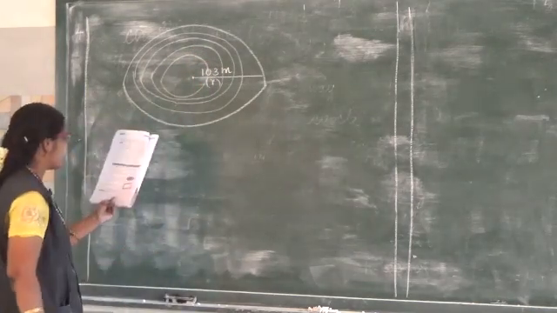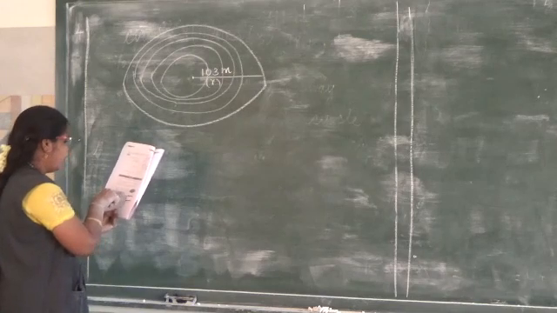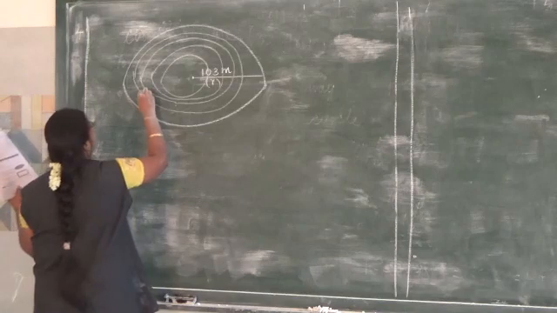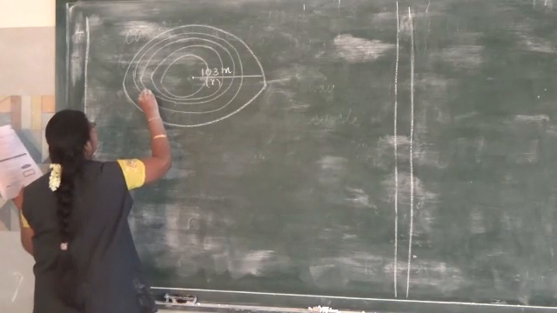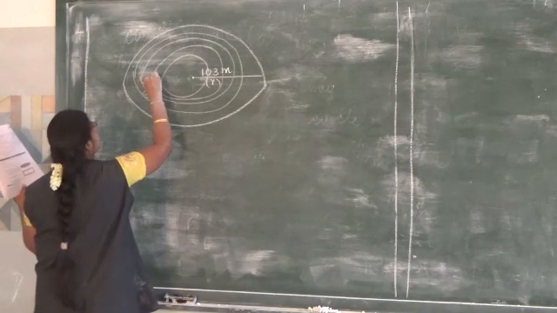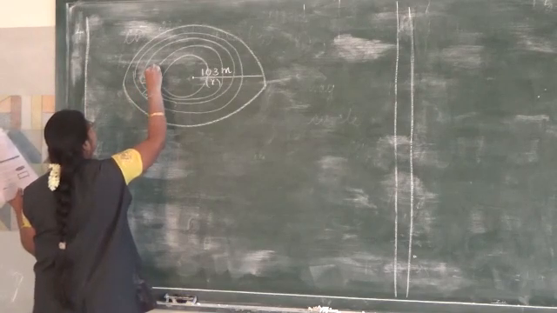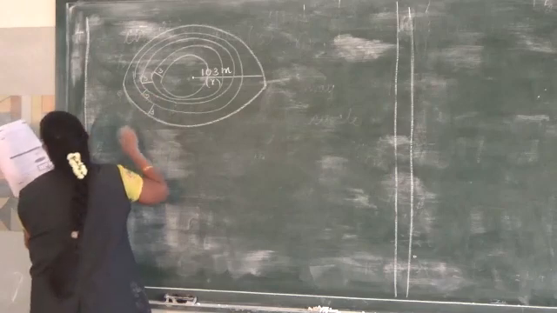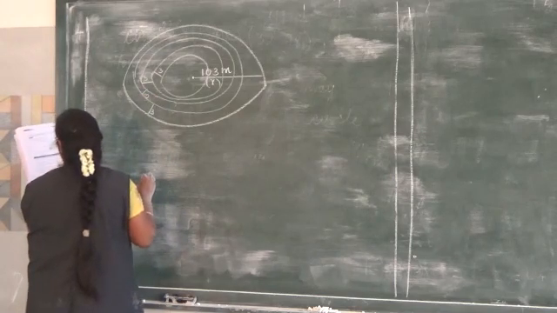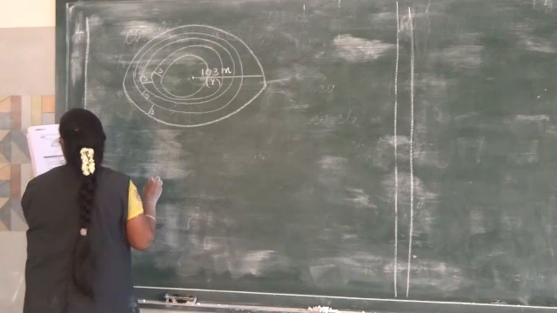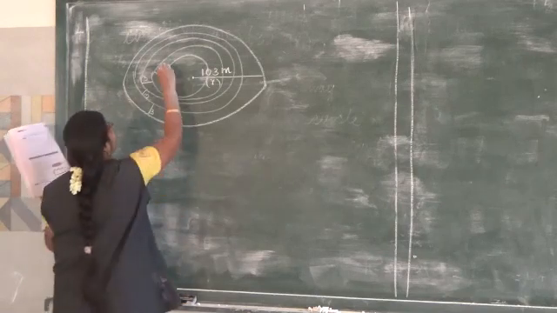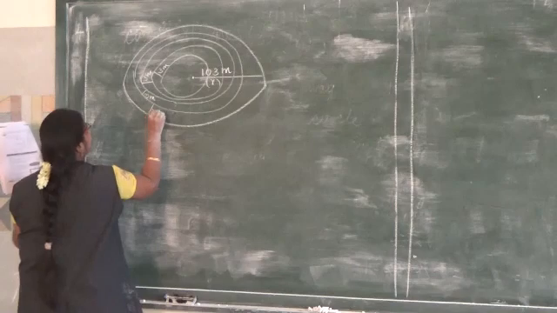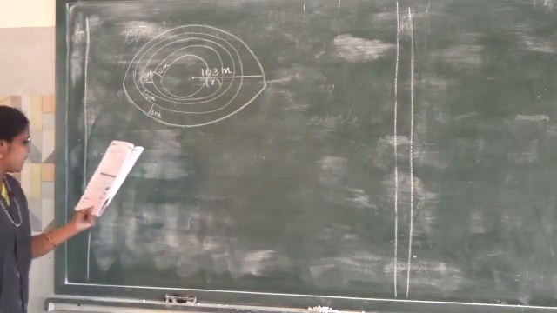So 4 tracks of each 3 meter wide. So the width is 3 meter. So this also 3 meter, 3 meter, and this is 3 meter. So 4 tracks are there.